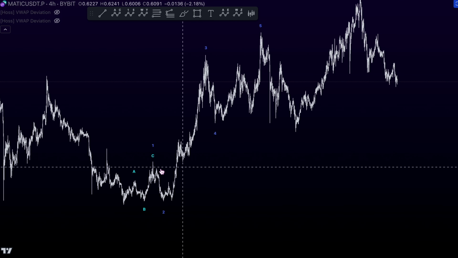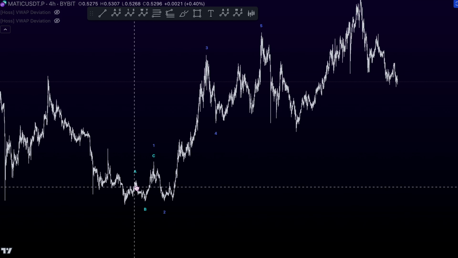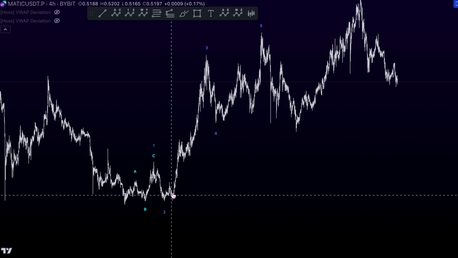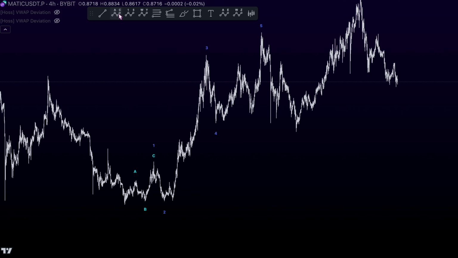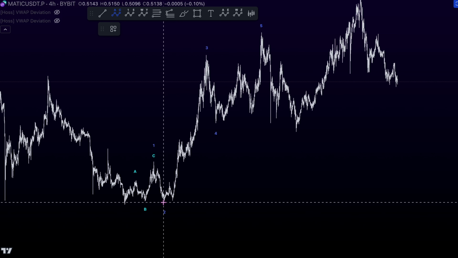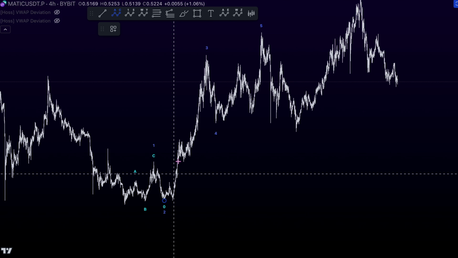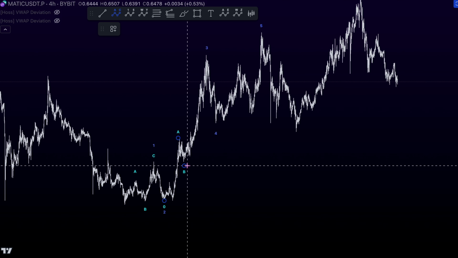You can see in cyan, because wave 1 was in 3 waves, also wave 3 has to be in 3 waves. That means that, yeah, there was quite a double bottom, so it's difficult to say which of these is the actual low, but it doesn't matter now.